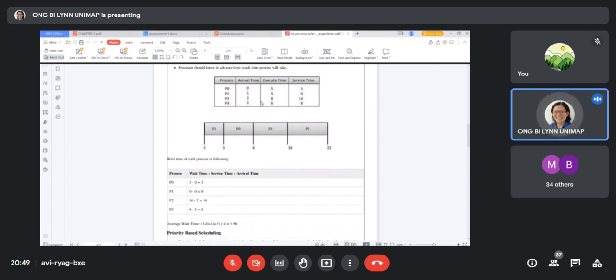In this case, you cannot go to the shortest one first, which is 3. This question has some mistakes.